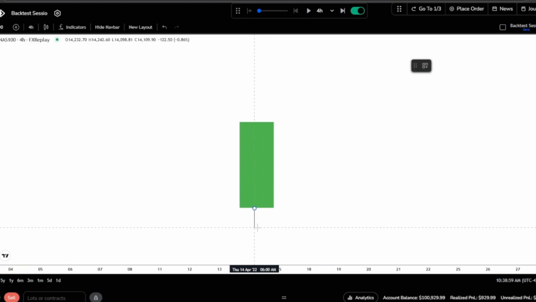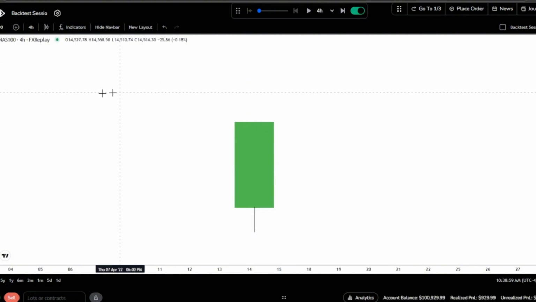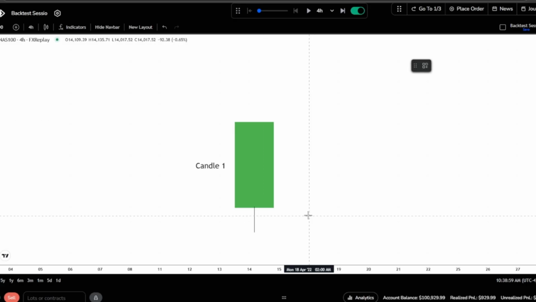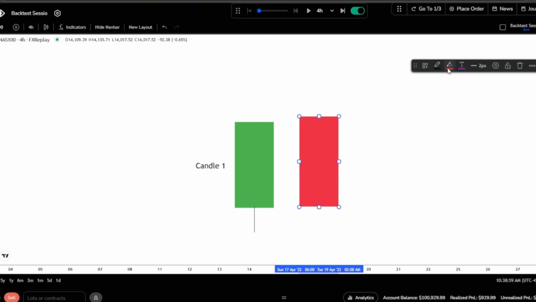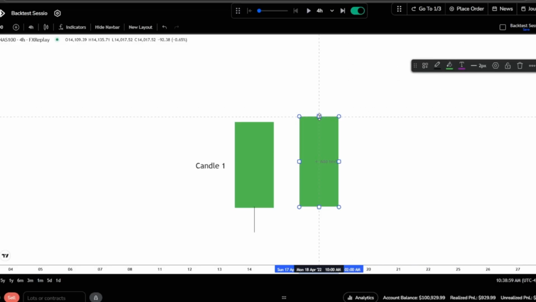So let's say for me, this is the accumulation candle, which is candle one, and I'll just name this candle one. Candle two is going to be the manipulation candle. Manipulation candle.